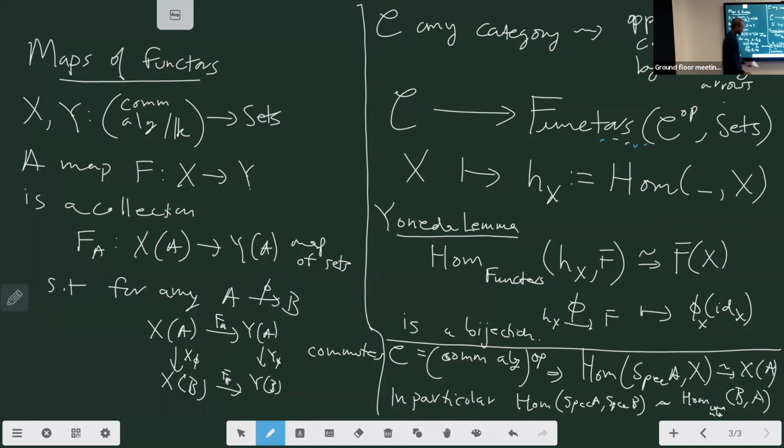Okay. So I wish I had a little more room here, but I don't, so I'm going to go to the next slide. So what's our conclusion?